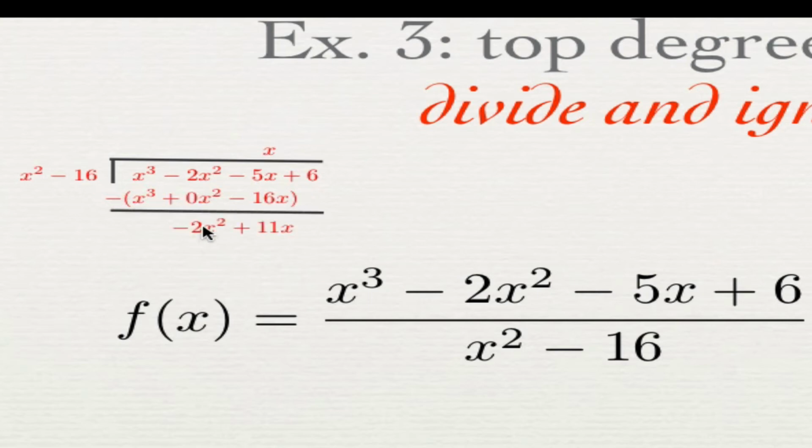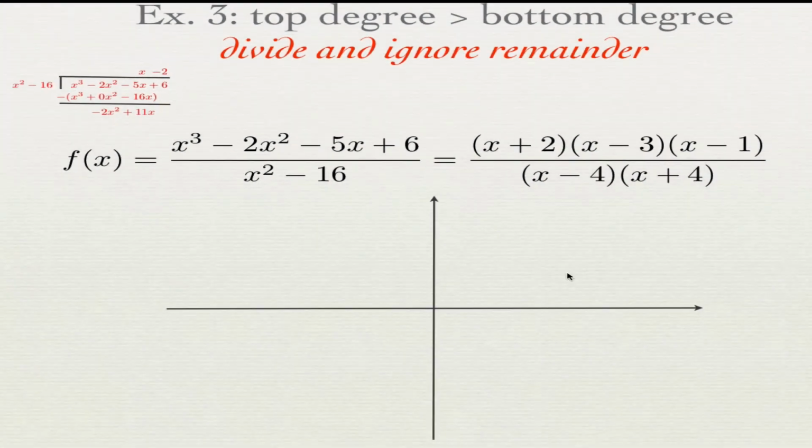And then we look at the difference here. Negative 2 times this is going to give us what we need. And we don't need the remainder. We could just look at y equals x minus 2, and that will be the behavior in the extremes to the right and left. It'll eventually look like this line.